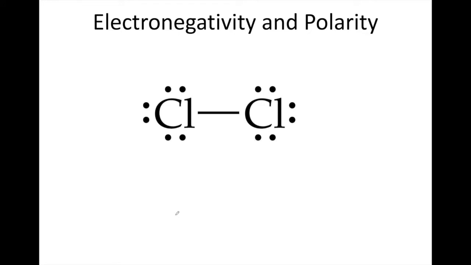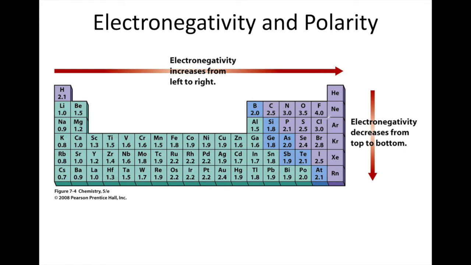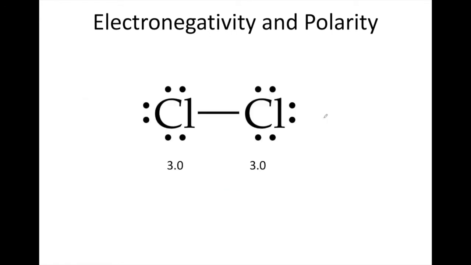Let's look at this molecule to help illustrate this, Cl2. Here you can see the dot structure for Cl2. Let's determine the difference in electronegativity. We look on our table and we find chlorine has an electronegativity of 3.0, and of course this one does as well.